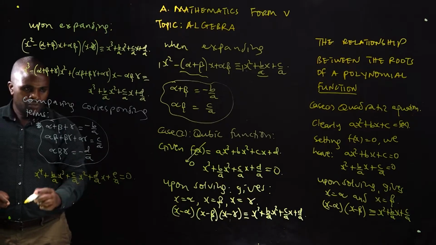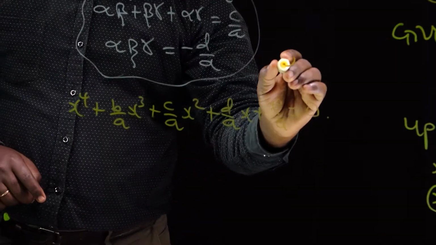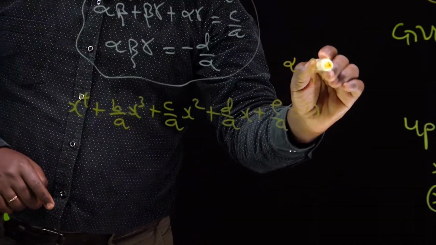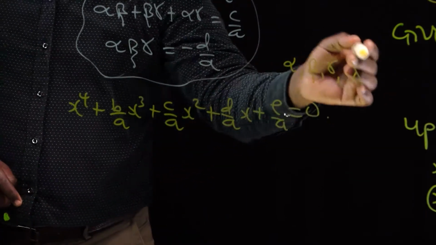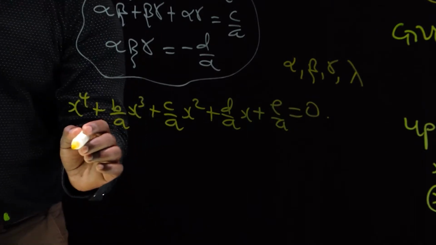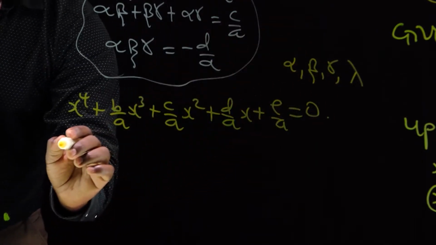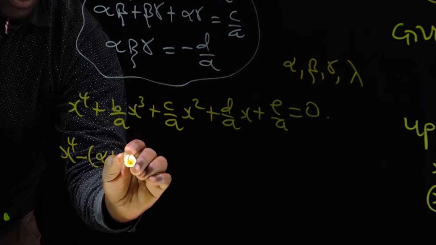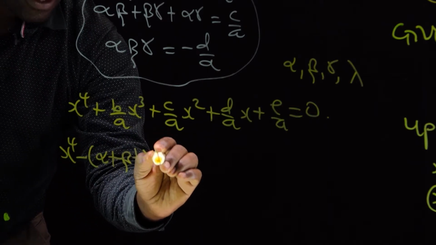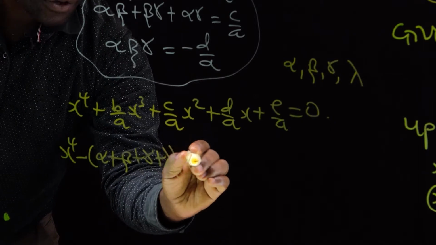In this case, considering that the roots are alpha, beta, gamma and lambda, we could write the same trend: x power 4 minus the sum of roots, alpha plus beta plus gamma plus lambda, x power 3.